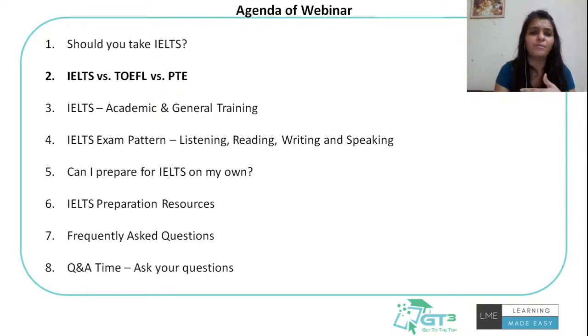Then how you can prepare: can you prepare on your own, or do you require guidance? Then the materials required for IELTS. Then some questions that people are often baffled by and in a dilemma about, such as whether they should opt for computer-based or paper-based IELTS. Such frequently asked questions, we'll solve them.